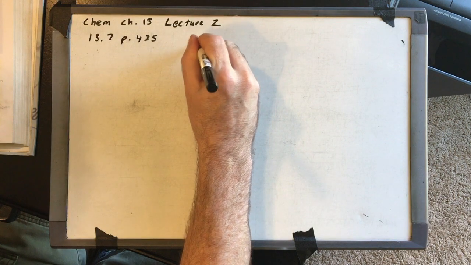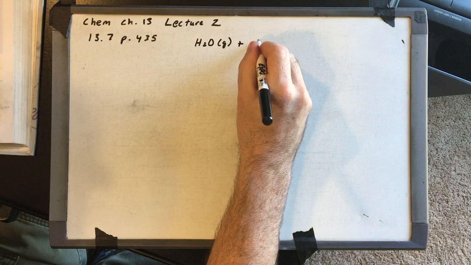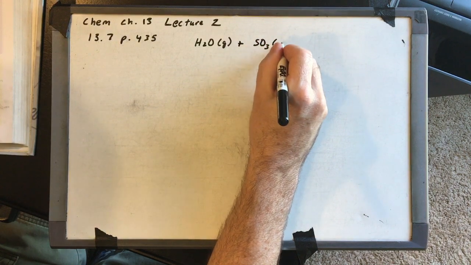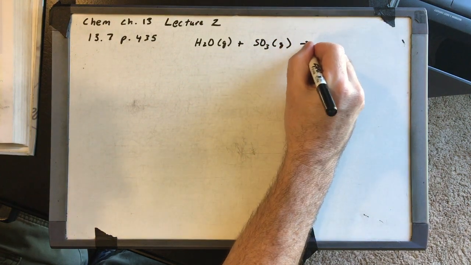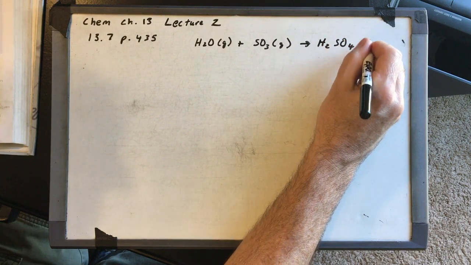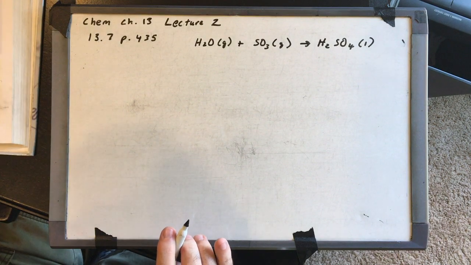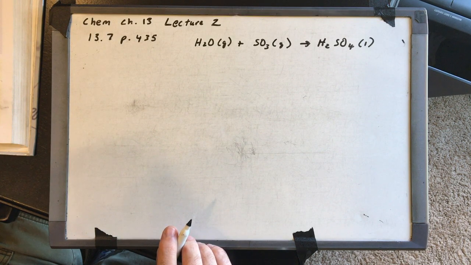So we have H2O plus sulfur trioxide, and that makes sulfuric acid. Battery acid. So that's acid rain, not a happy thing. Sulfuric acid produced in this manner falls to earth as acid rain. How much energy is produced when 50 grams of H2SO4 are produced in this way?